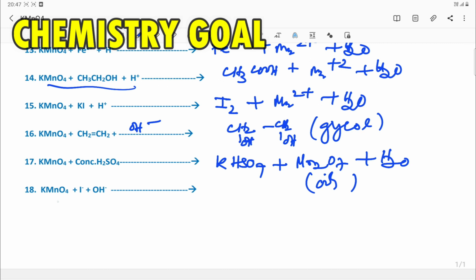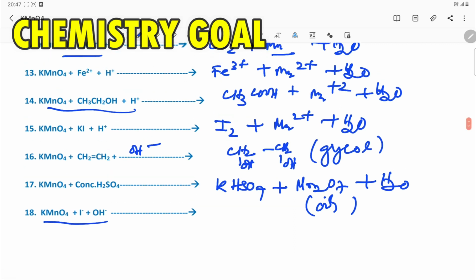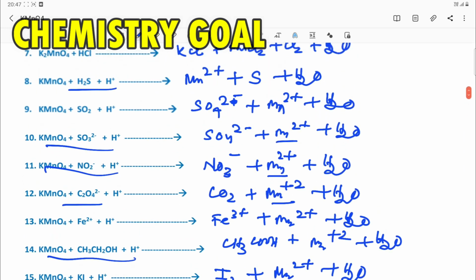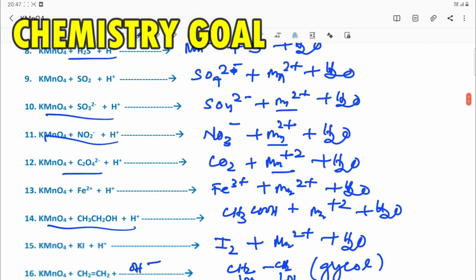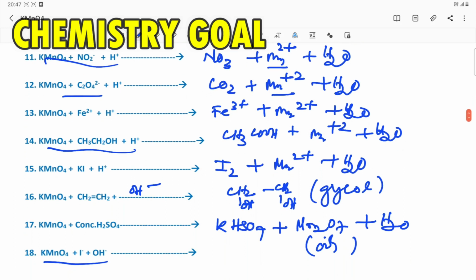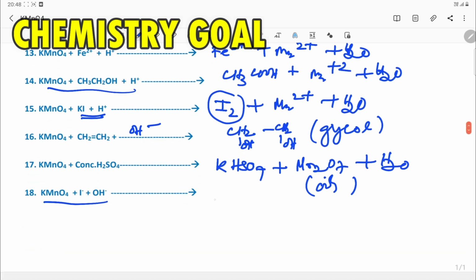Very important reaction, the last reaction of potassium permanganate. Potassium permanganate reacts with iodide ion in basic medium. Previously, potassium permanganate reacting with iodide in acidic medium converted it to iodine. But in basic medium, it is converted to iodate ion.